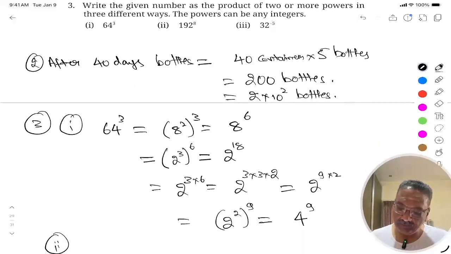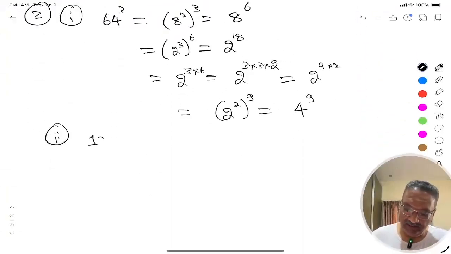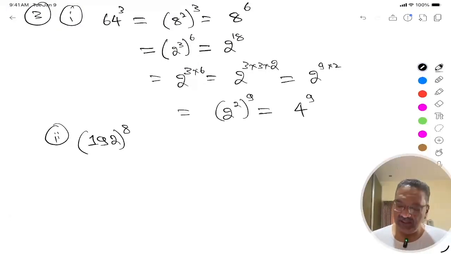Second one, 192 to the power of 8. How can we express 192? 192 can be taken as, shall we try for 2?